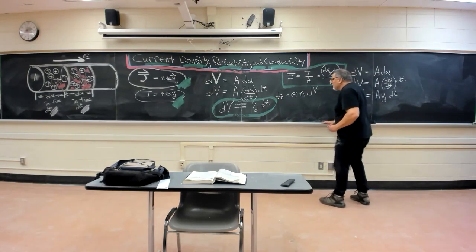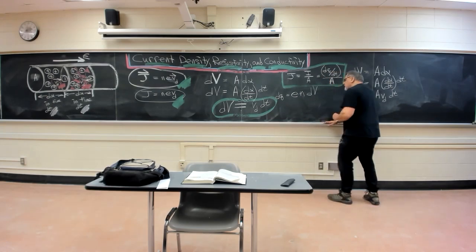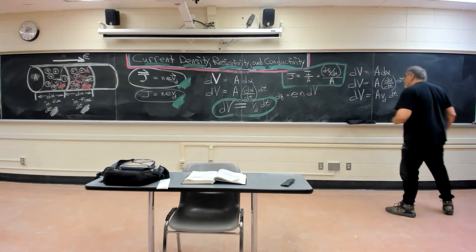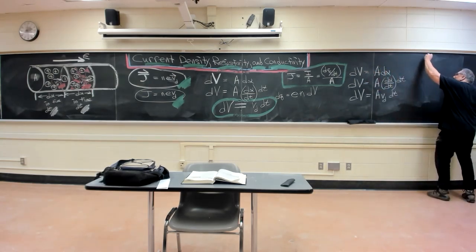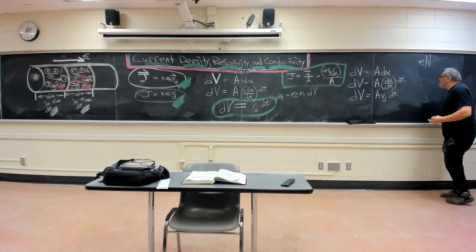And where does that come from? Well, that's pretty interesting. If there's a total of capital N charge carriers, and each one has a charge E, that's the total charge present in that volume.